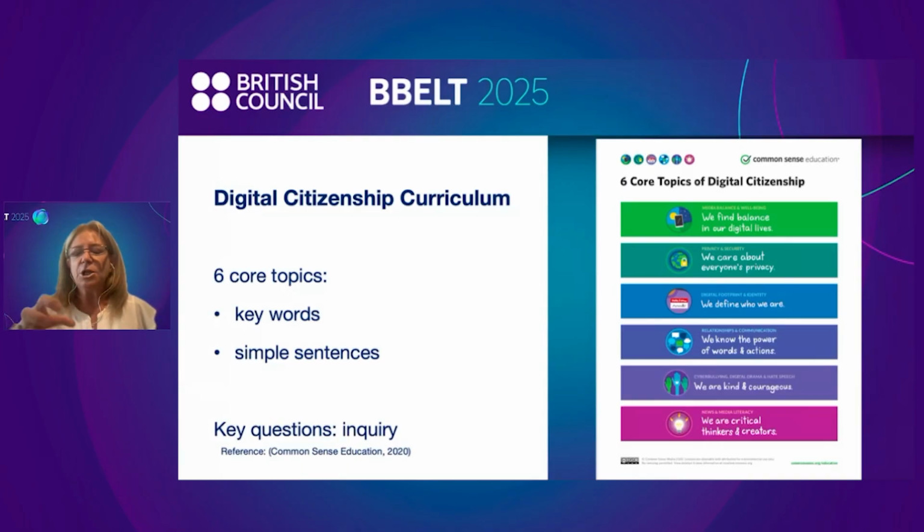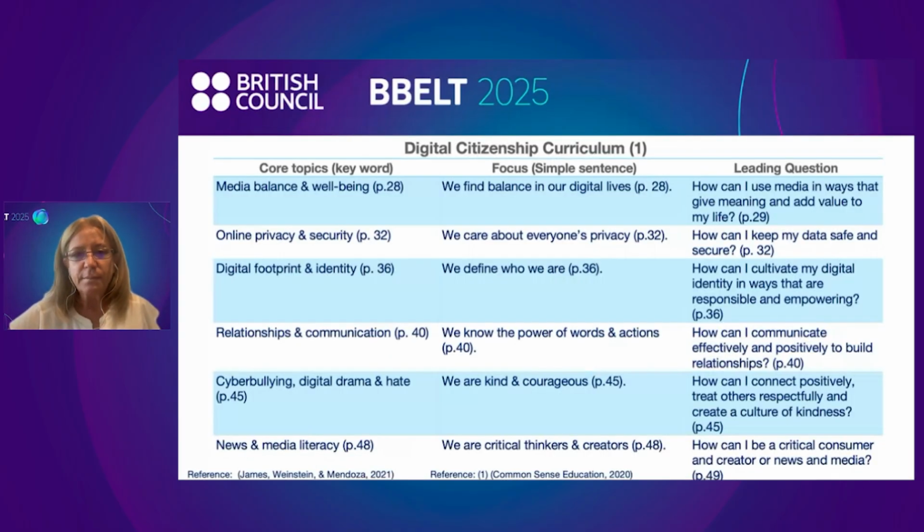So the same definition that we were discussing a few minutes ago is now broken into different layers. And because the idea of this curriculum is also to be shared with students, the language used is simple words, keywords, simple sentences. But if you read the main report, you're going to find key questions that help with the inquiry. What are these core topics?